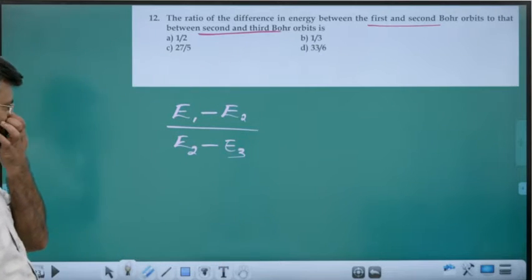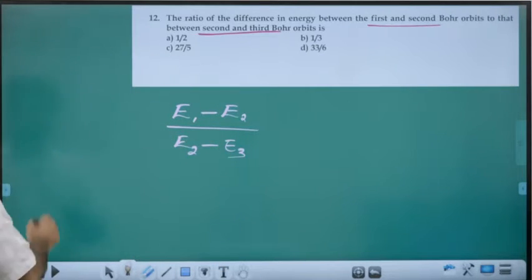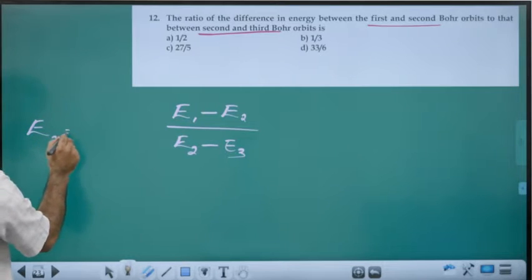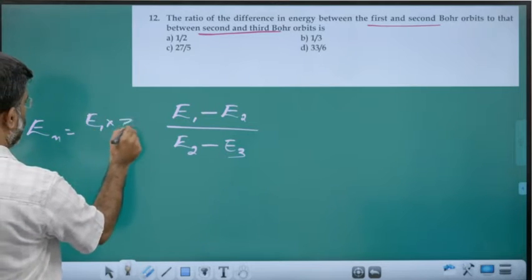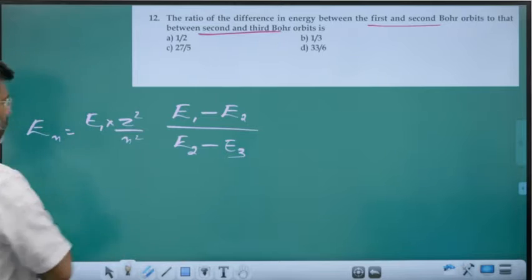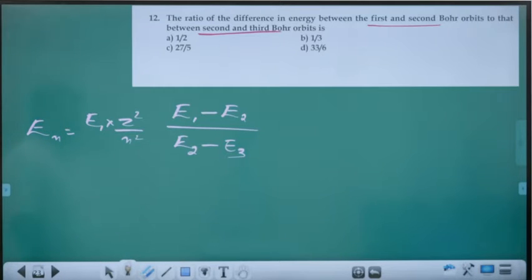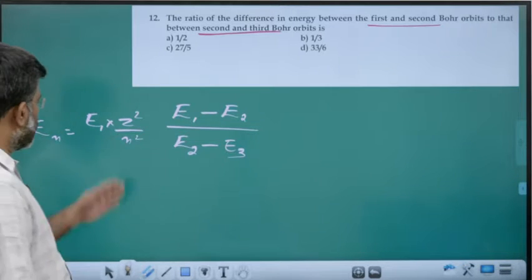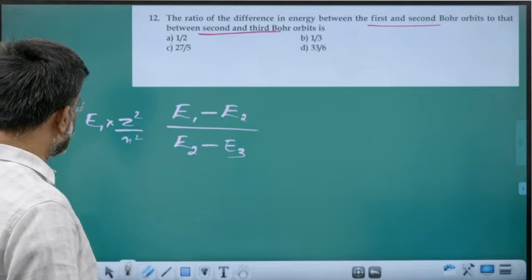This is what you are asked to find out. And you know En is equal to E1 into Z square by n square. You have learnt this. We are asking for what? Bohr orbit. So he said you can take it as any particular atom.